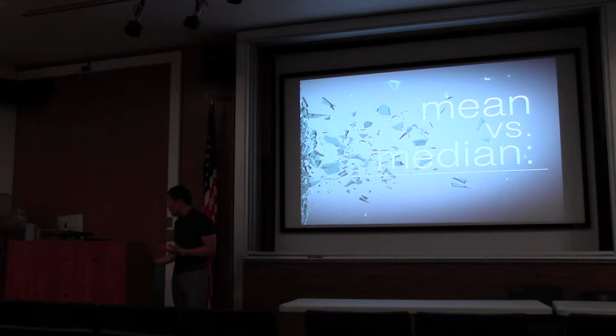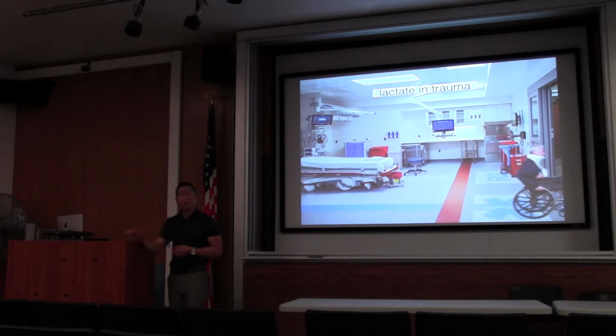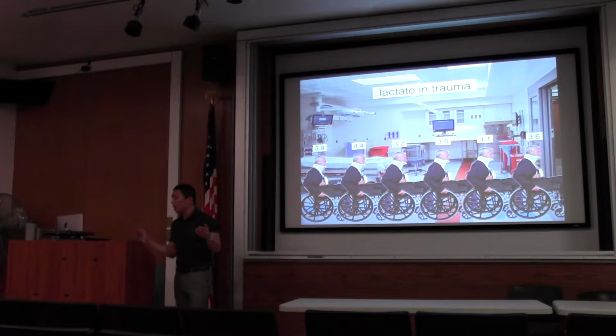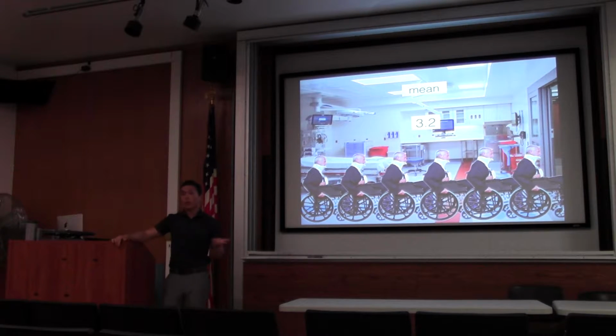Let's go through our actual patients here. Let's say that these are our non-survivors, and these are their lactates when they arrive to the ED. You add them up, you divide by 6, and you get their mean, 3.2, which is great, because now you have this number that defines your group, and with this number you can compare this group, the non-survivors, to another group, the survivors.